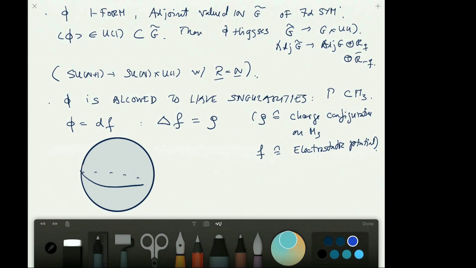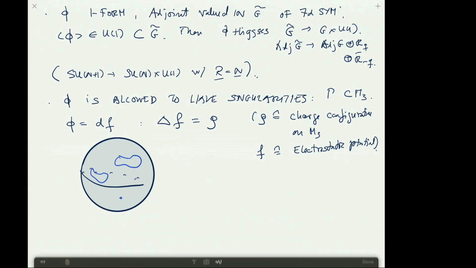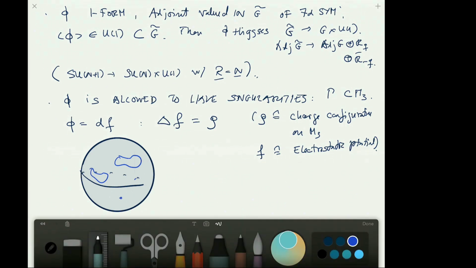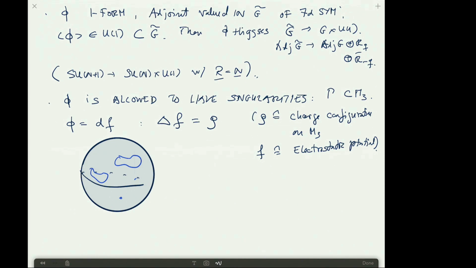They can be loops, they can also be just point charges. And along these, so this is gamma, and along gamma, these are the singularities.